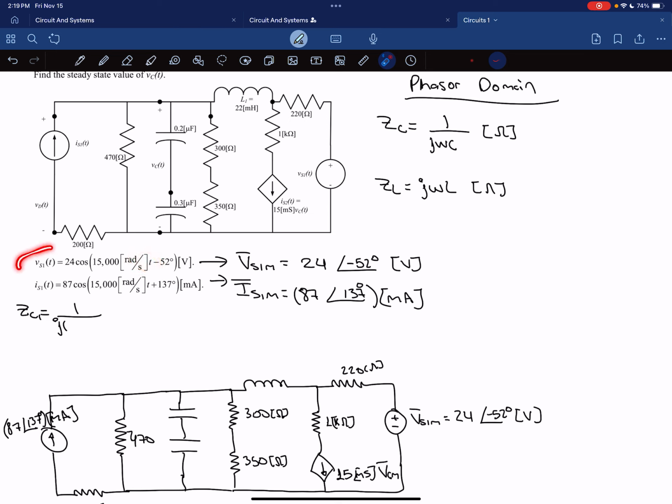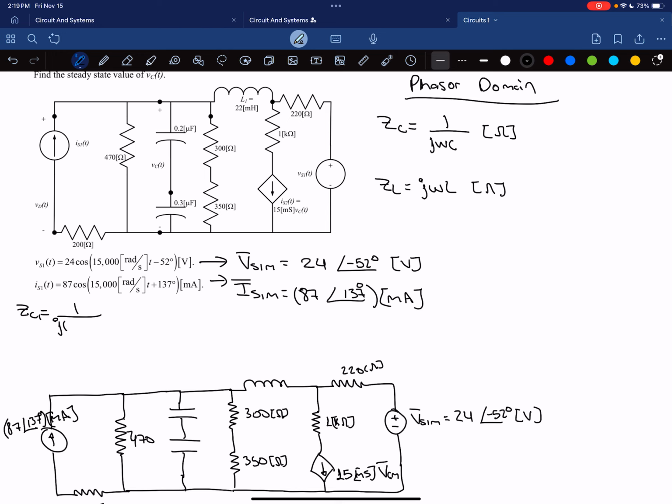So by looking at this, we know that ω is 15,000. Also, we know that the ω for this one is the same as the ω for this one, right? That's how you know that you don't have to do superposition. If this were different, then you would do superposition. Okay? Here, we don't have to.